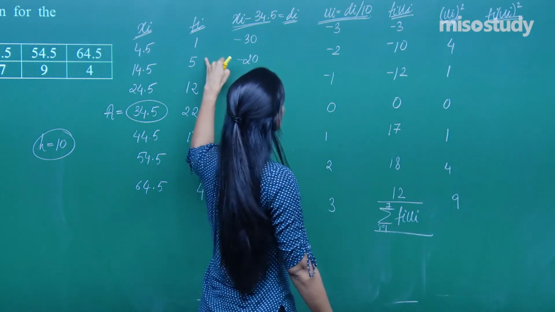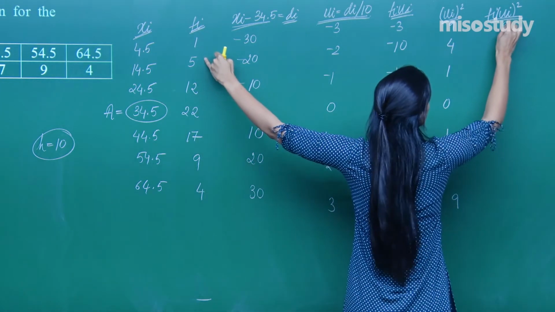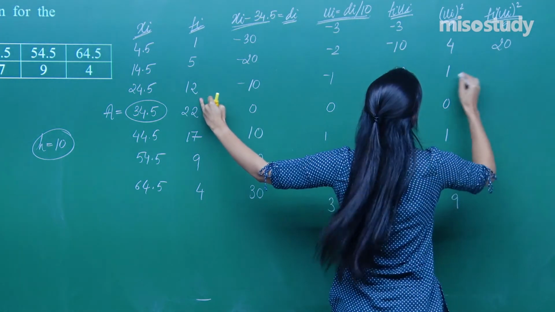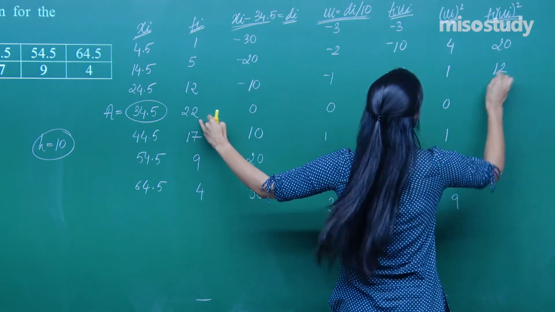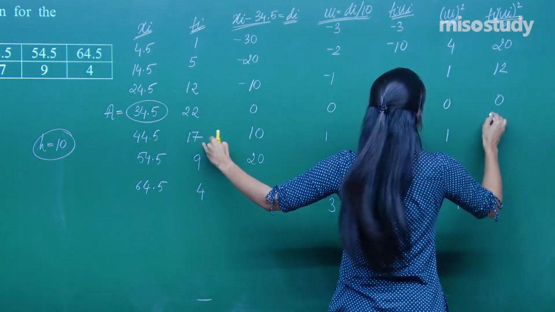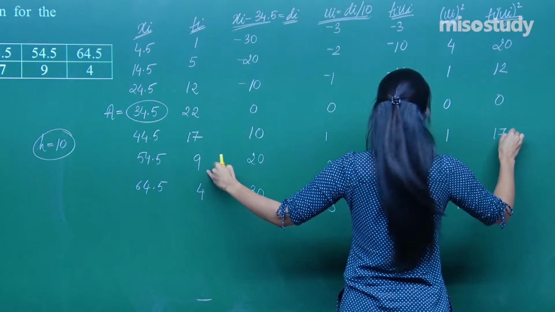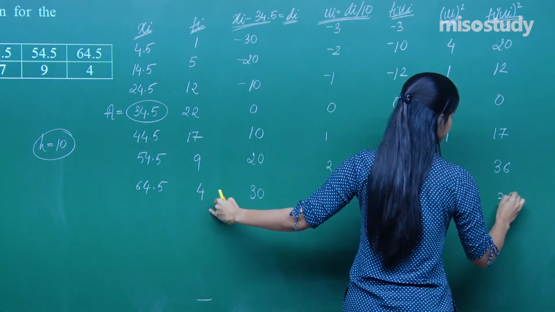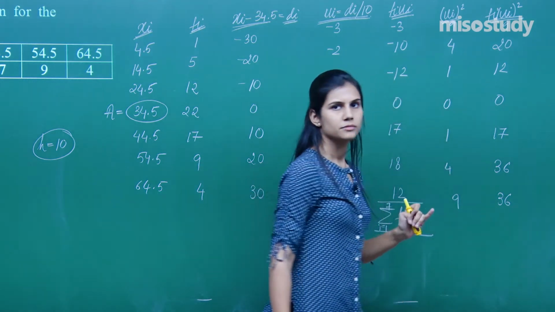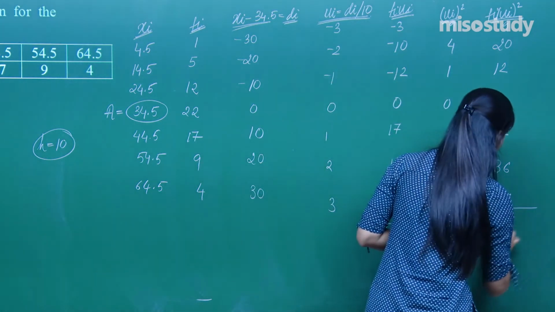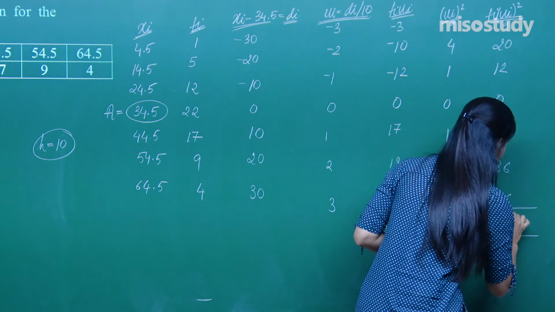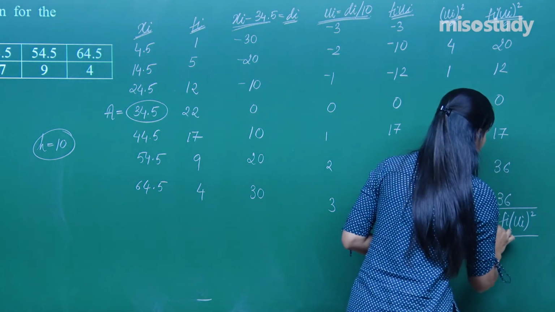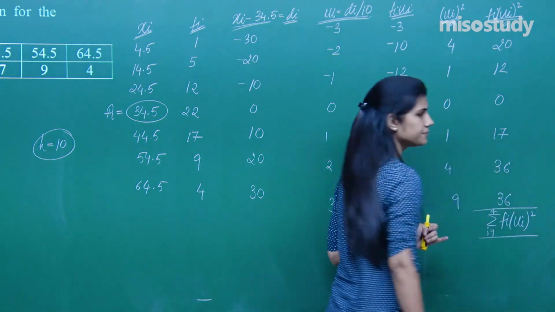Multiply fi with ui square: 1 into 9, 5 into 4, 12 into 1, 22 into 0, 17 into 1, 9 into 4, 4 into 9. Fine. From here you can evaluate summation fi ui square, i going from 1 to 7.